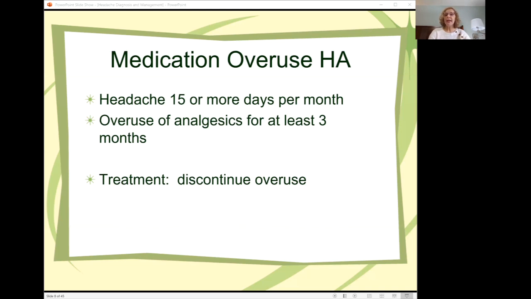Opioids can cause medication overuse headache if used more than 8 days per month. And barbiturates only need to be used more than 5 days per month. In general, you want to limit treatment to 2 days per week or less than 10 to 15 days per month to prevent medication overuse headache.